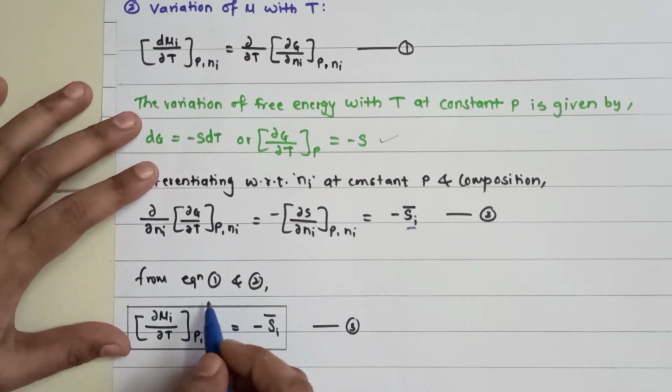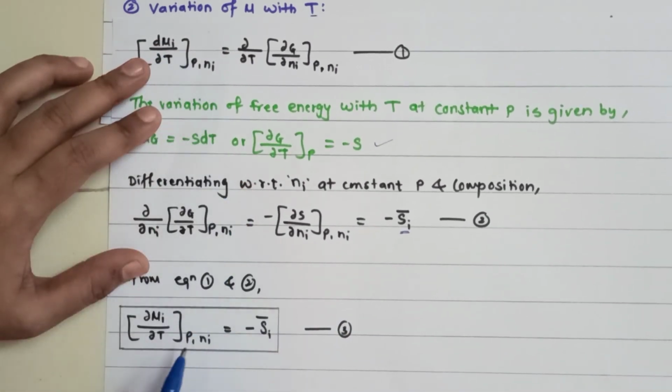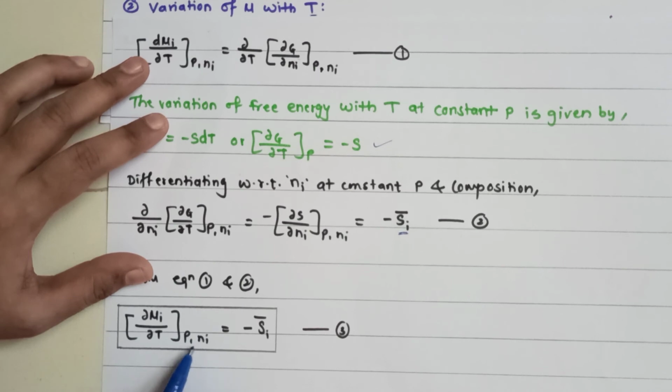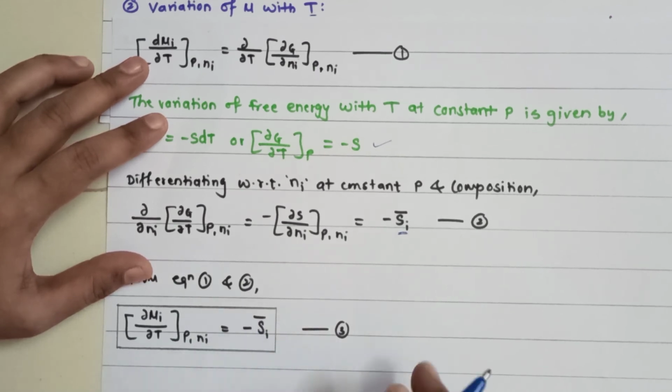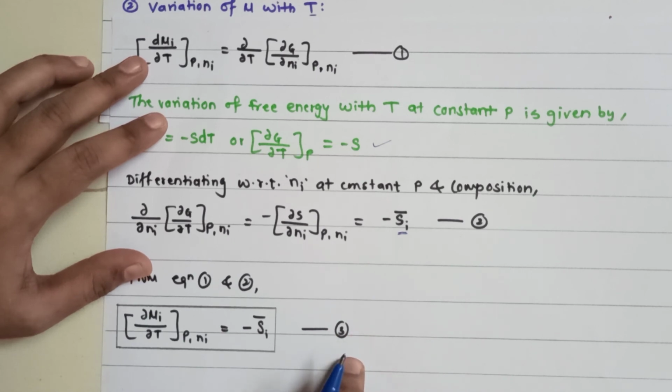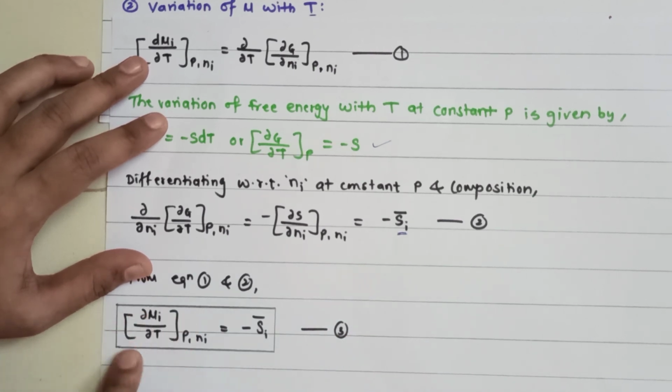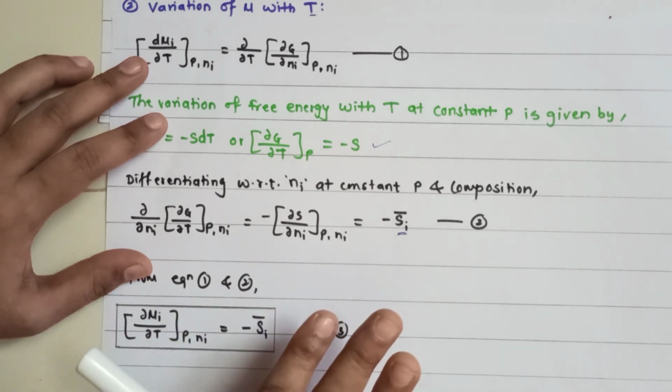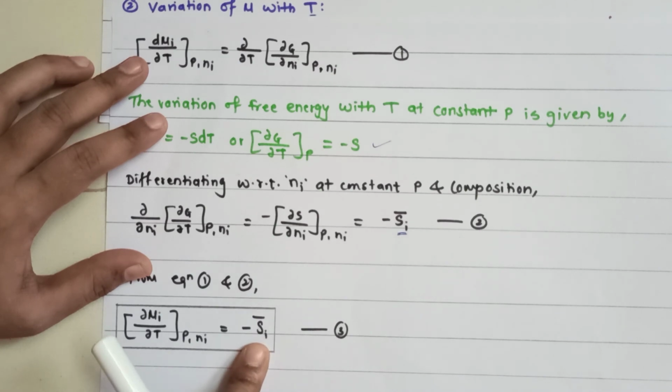So from equation 1, the chemical potential with respect to temperature at constant pressure and composition gives you minus S bar_i. So basically equation 3 over here signifies that the rate of change of chemical potential with respect to temperature of any component of the system is equal to the partial molar entropy of that component at constant pressure and composition.